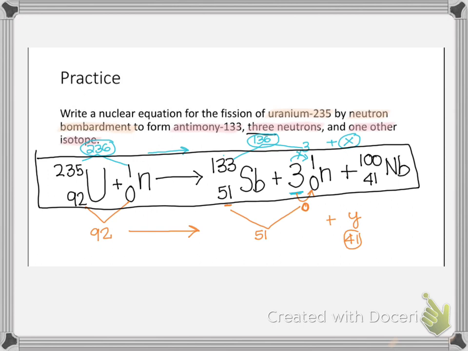So remember, this is the first time in a nuclear equation we've seen two things on the reactant side, but we treat it the same way, just add it up. And then the second thing is when you have a coefficient, remember to multiply through both the mass number and the atomic number when you're trying to figure out what the numbers are when you have a coefficient.